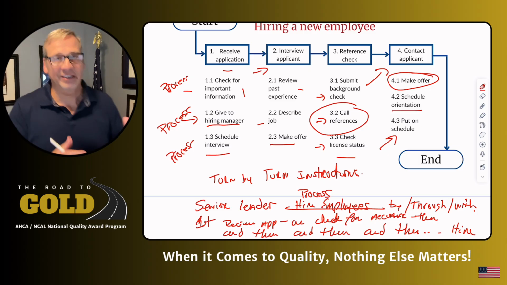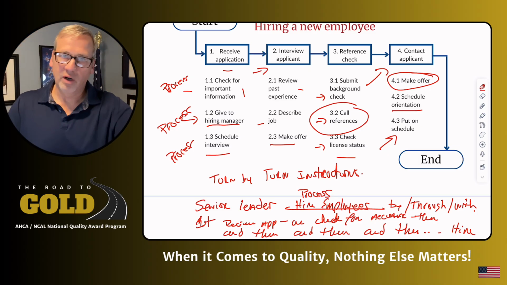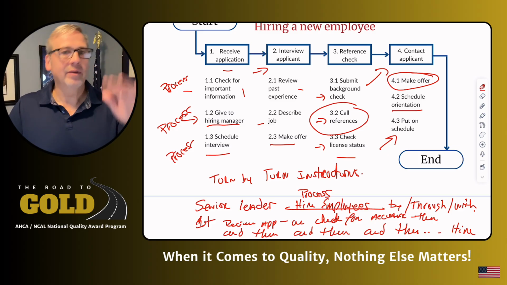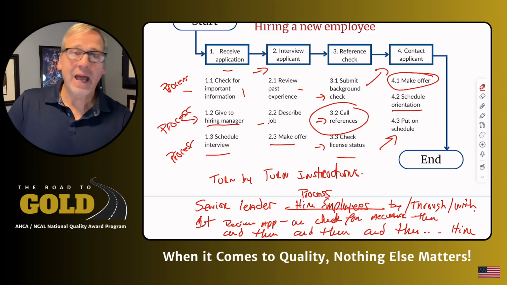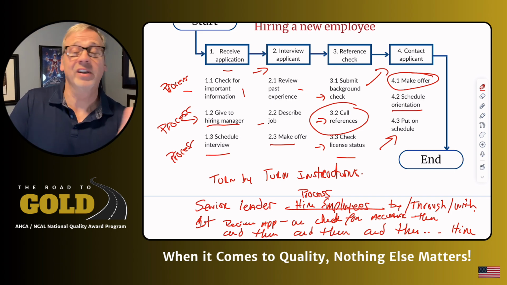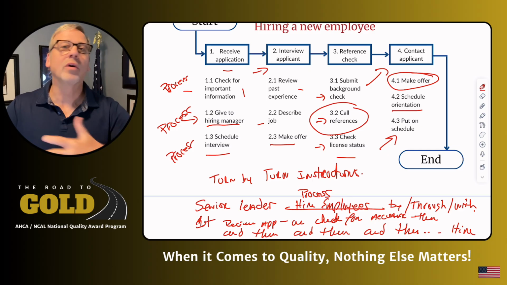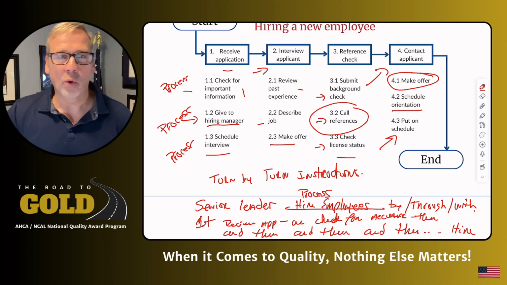And you're giving us this step-by-step instruction, like senior leaders hire employees by first, once we receive an application, we check to make sure the information is accurate and filled out. Then we give it to the hiring manager. The hiring manager then schedules an interview. And then in that interview, the hiring manager reviews all the past experience with the applicant. They describe the job, what it's going to be like, what the hours are, what the atmosphere is like, what the culture of our organization is.